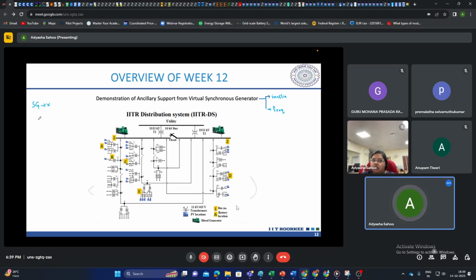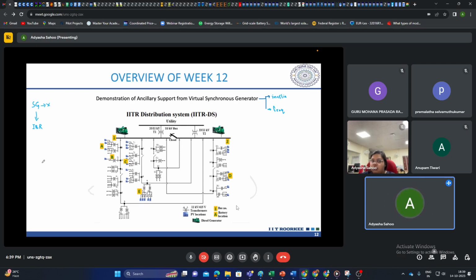As we progress to a renewable based system, these synchronous generators are being replaced by inverter based resources, which are unable to store the energy as a synchronous generator was able to.